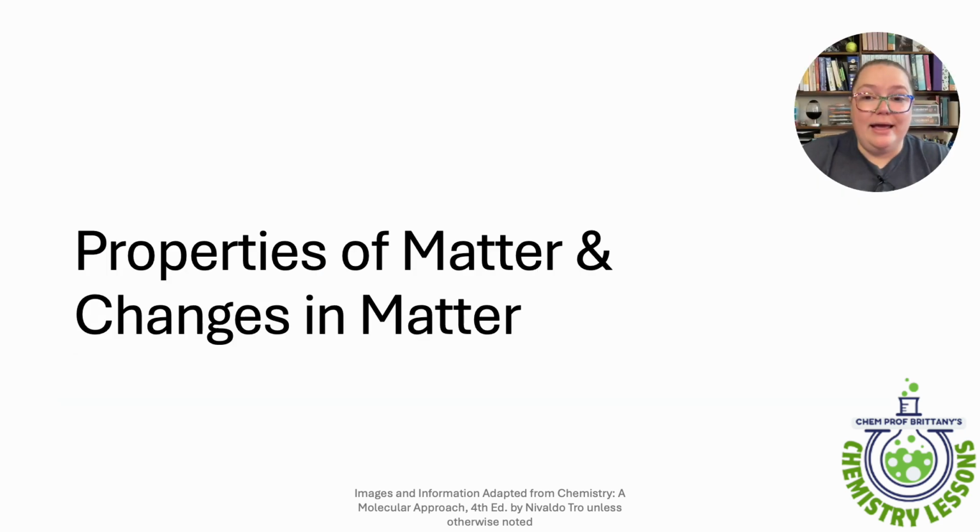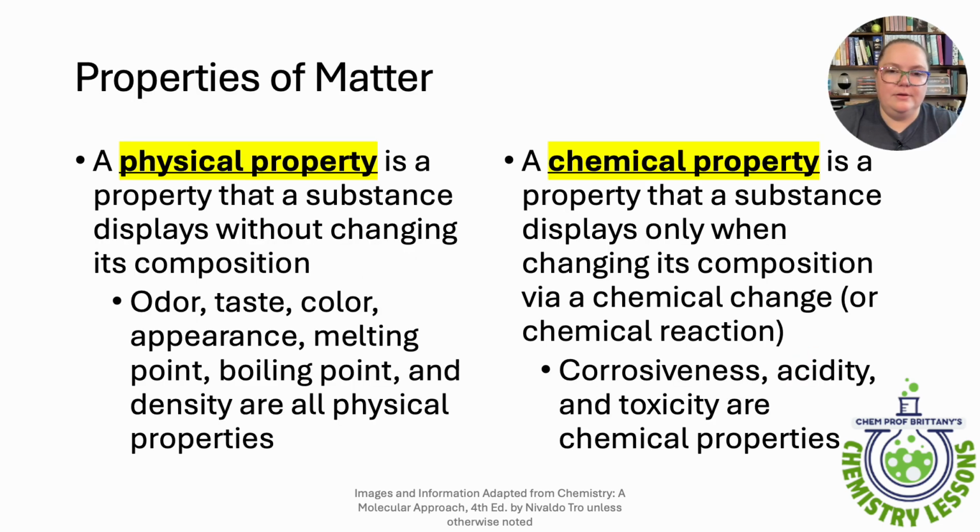Okay, now that we've talked about matter, let's talk about properties and changes in matter. So there are two different types of properties. There are physical properties and chemical properties. Physical properties are properties that a substance displays without changing its composition. So odor, taste, appearance, color, melting point, boiling point, all of these are physical properties.